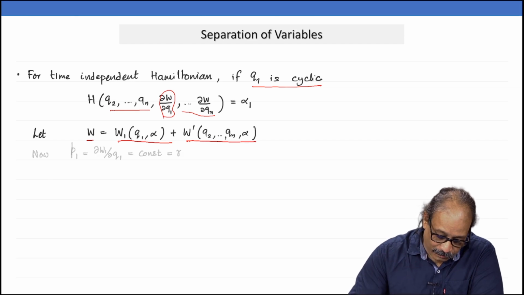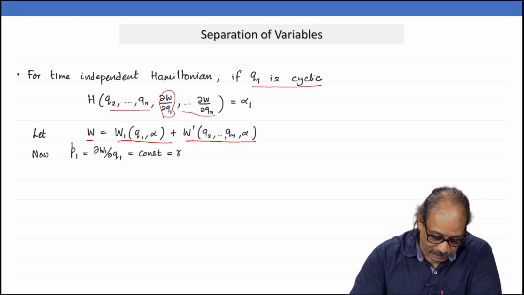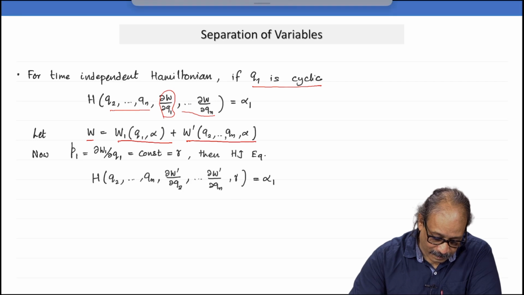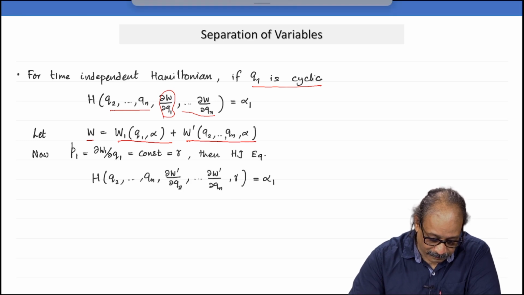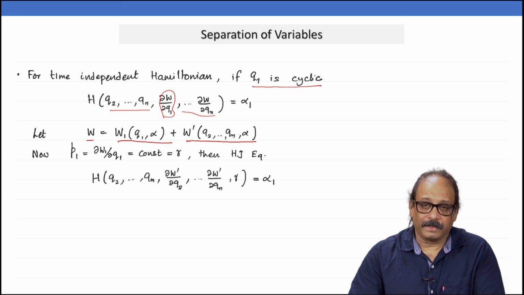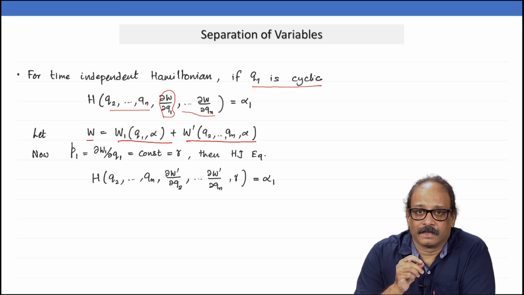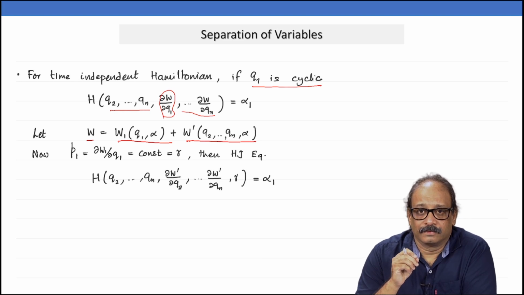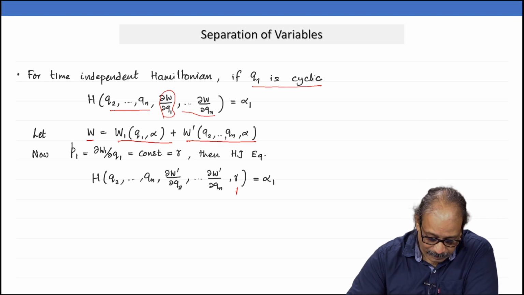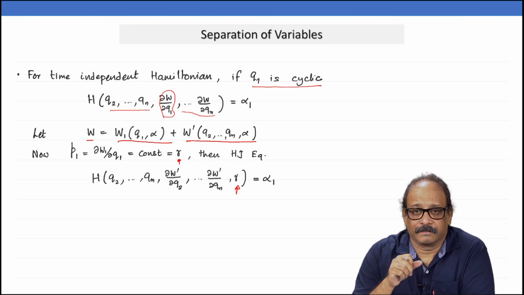We know that this one is constant. So, the Hamilton-Jacobi differential equation will depend on q 2 to q n, the partial derivatives of W prime with respect to q 2 all the way up to q n, and that constant gamma. However, that just appears as a constant in the equation.